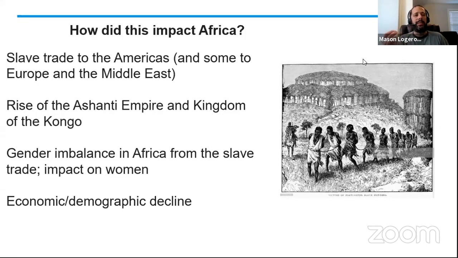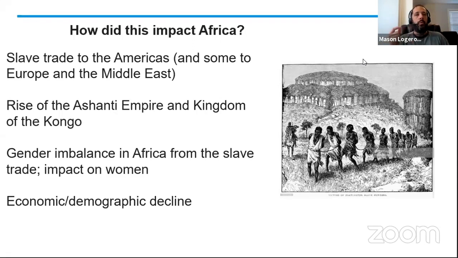Typically, you did not see as many people being enslaved that lived in these powerful kingdoms or in urban areas, the whole safety in numbers type of thing. So as the slave trade begins to increase, you see a lot of people moving from rural areas into more established governments and into urban areas. So the population of these larger kingdoms is growing. Again, that means more economic and military power for these kingdoms.